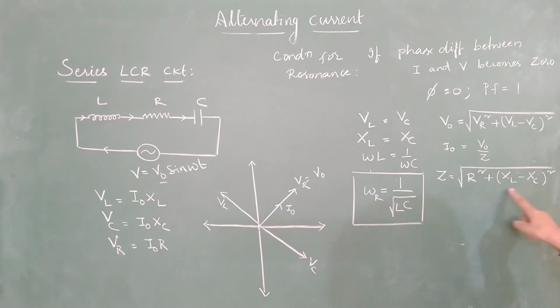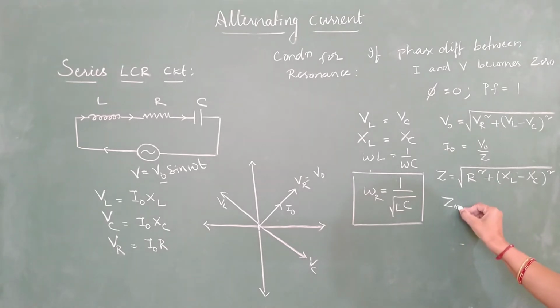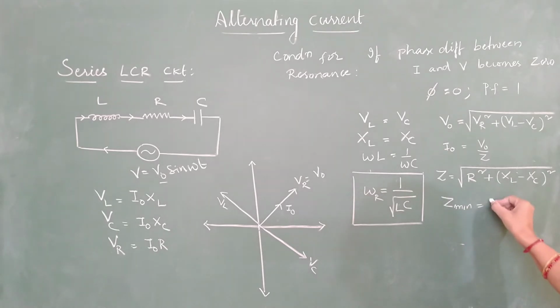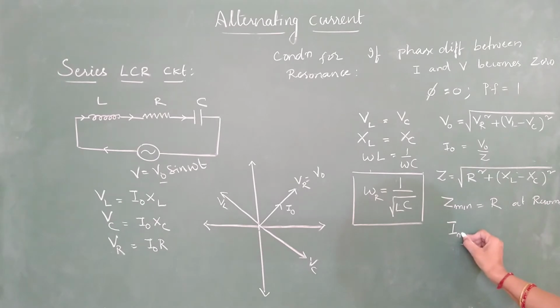So when XL and XC become equal at resonance, Z becomes equal to R. Since Z is minimum at resonance, current will become maximum. And what is the maximum value of current? The maximum value of current will be V naught divided by capital R.